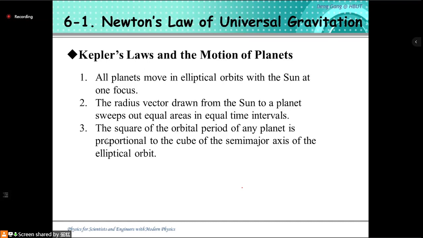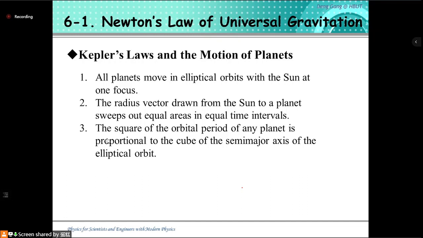So he generalized these three laws according to the data. The first one: all planets move in elliptical orbits with the sun at one focus. So it's not a circular path, it's an elliptical path, with the sun at one focus.